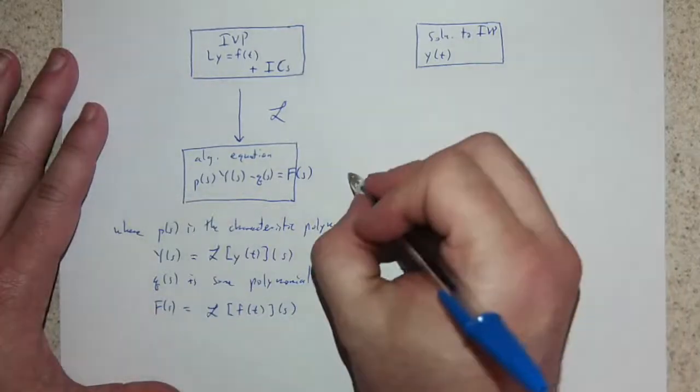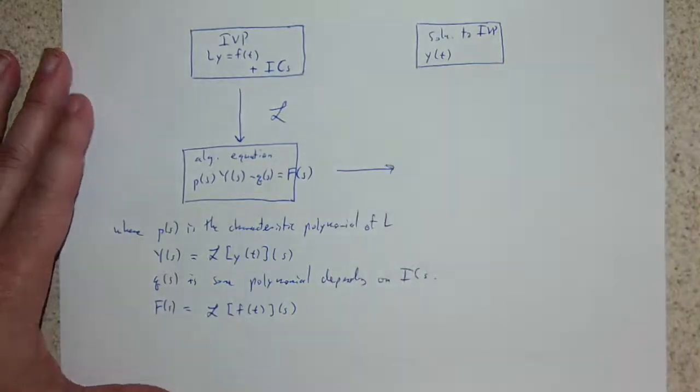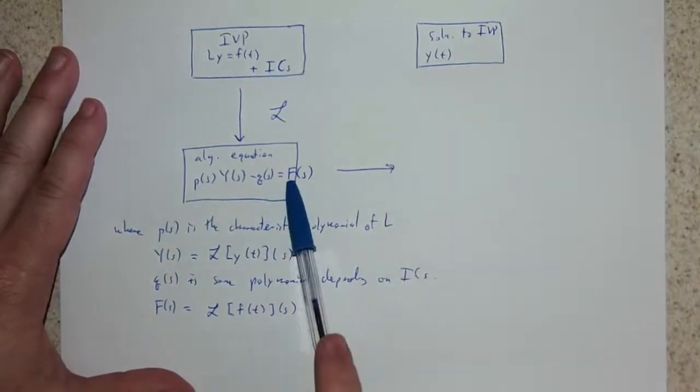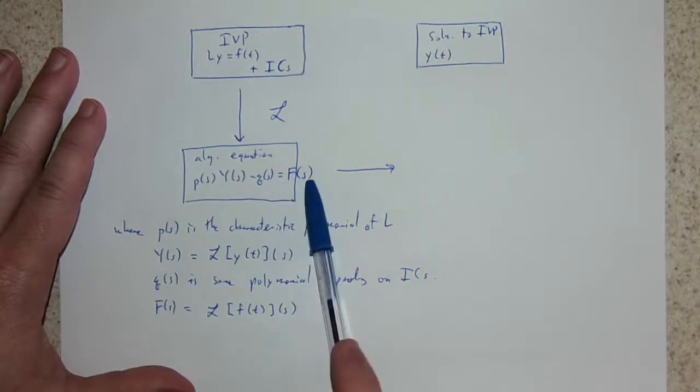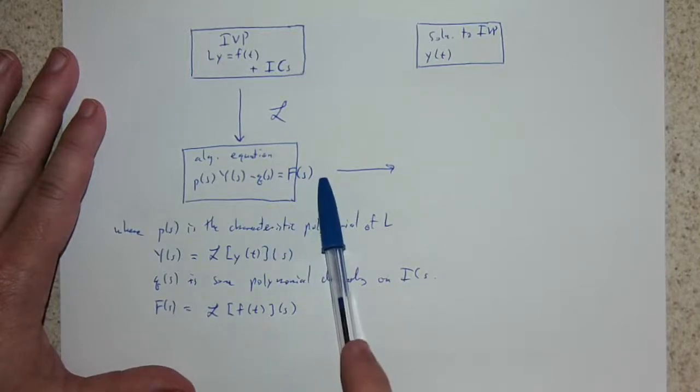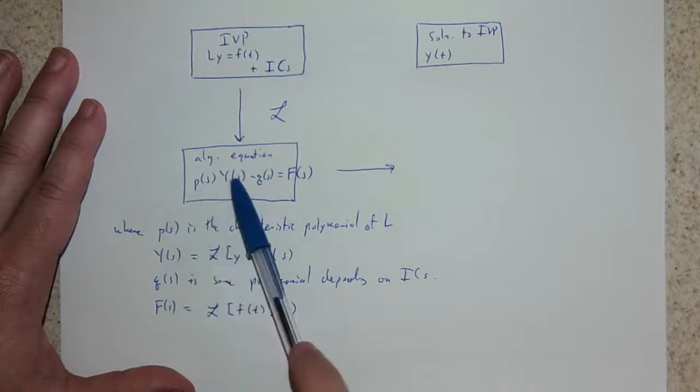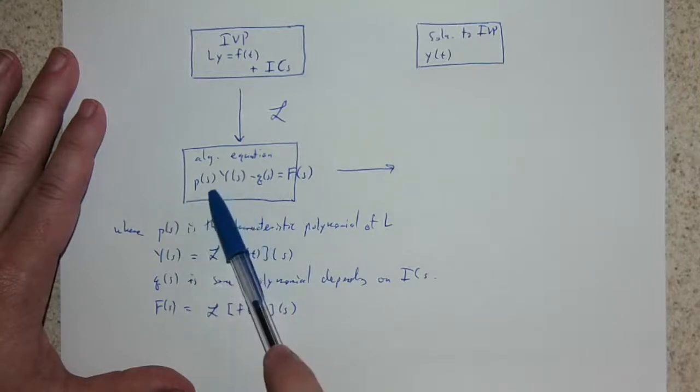This algebraic equation, of course, has the same solution every time. I take big F, I add Q of s to both sides. So on the right-hand side, I have F of s plus Q of s. On the left-hand side, I have P of s times Y of s. Divide both sides by P of s.